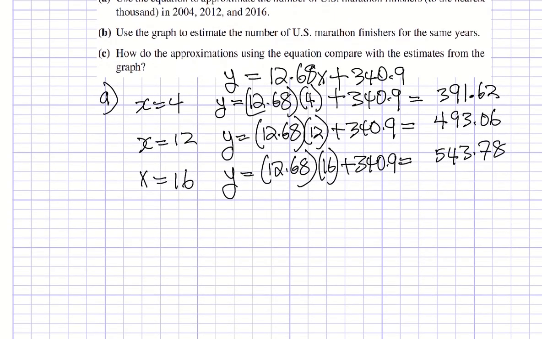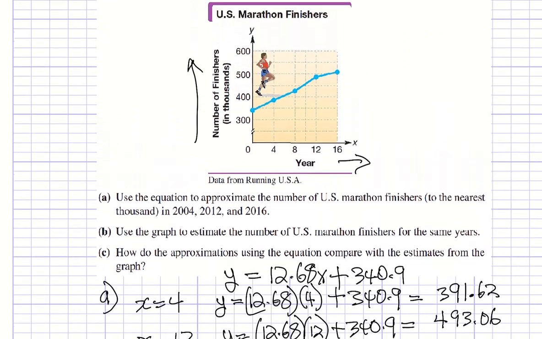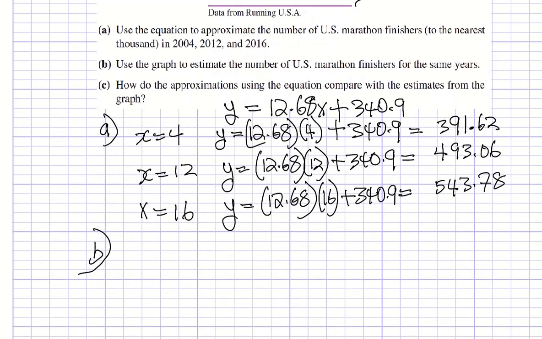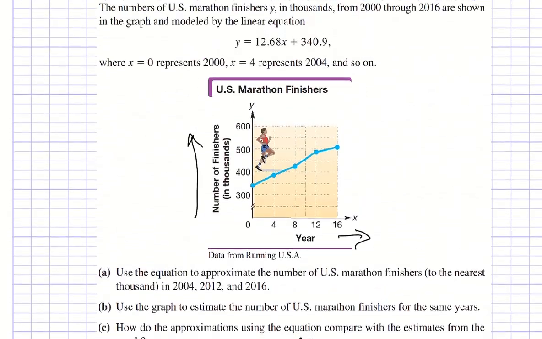So B, you say use the graph to estimate the number of US marathon finishers for the same years. Okay, we got 2004, 2012, 2016. If we estimate that from the graph, 2004 is right here.